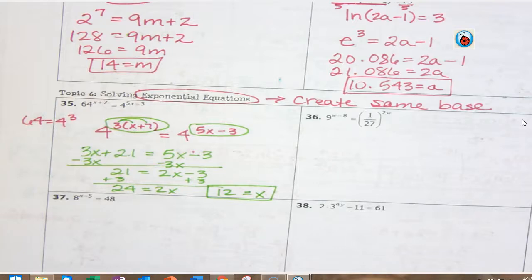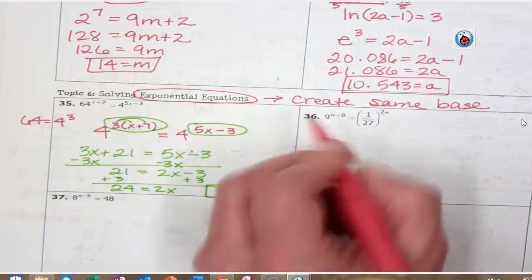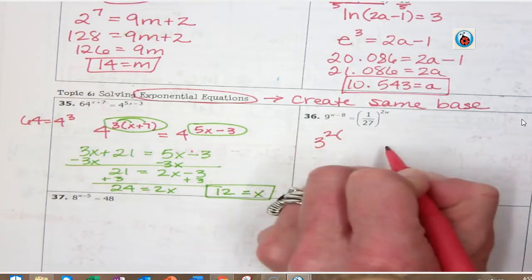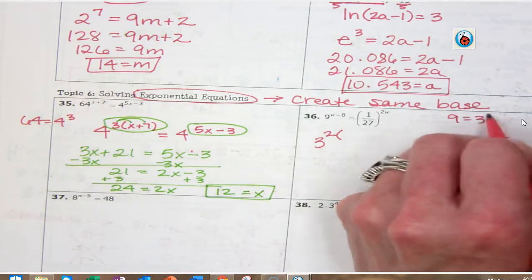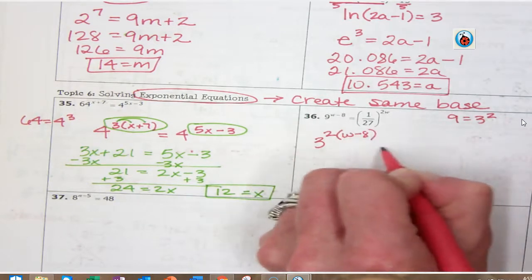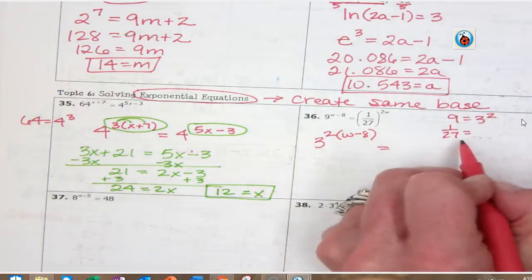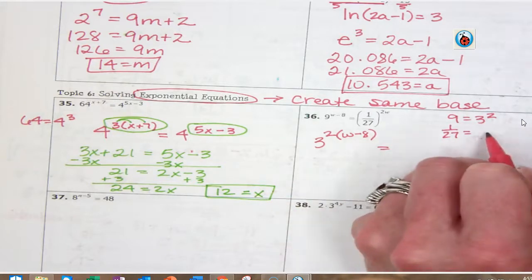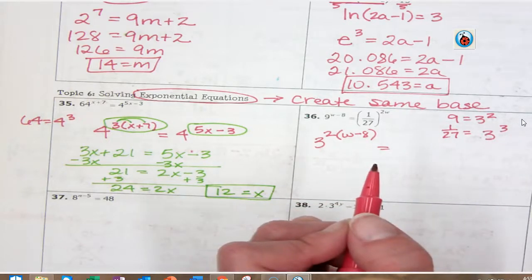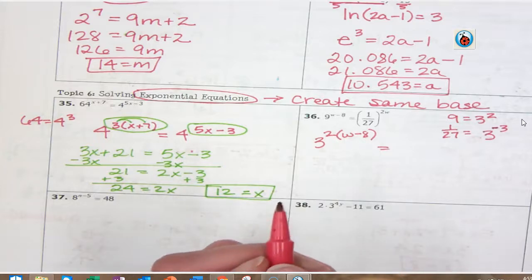Now, how do we find the same base here? This is going to be 3 squared. 9 is 3 squared. w minus 8. 1/27. Well, we know 27 is 3 cubed, and to get it in the denominator of the fraction, we make it negative. Do you remember that?